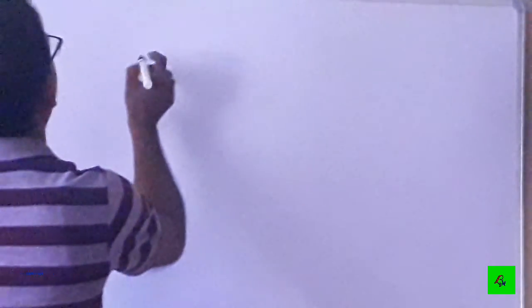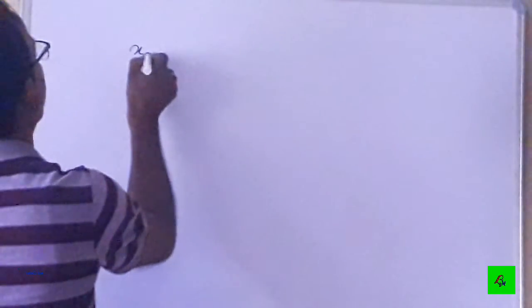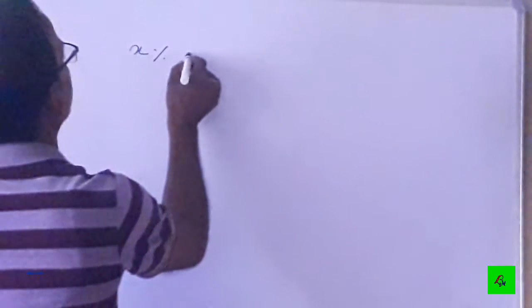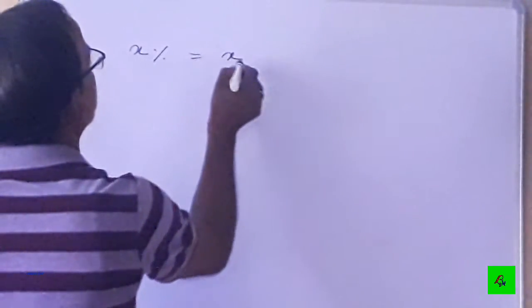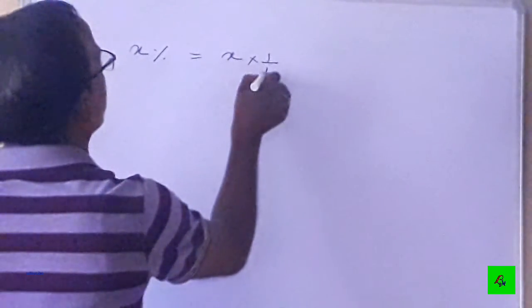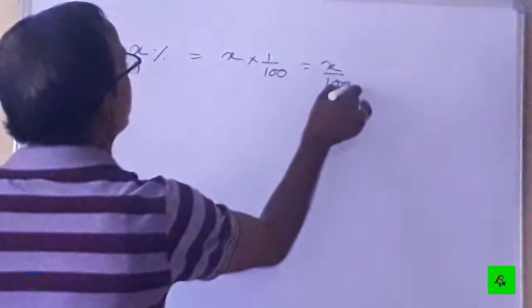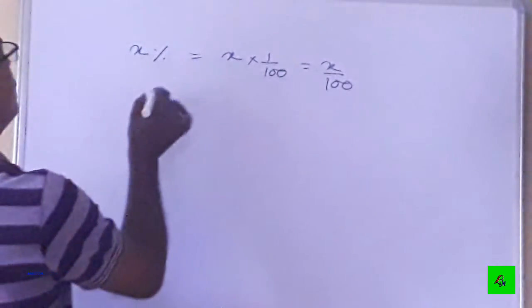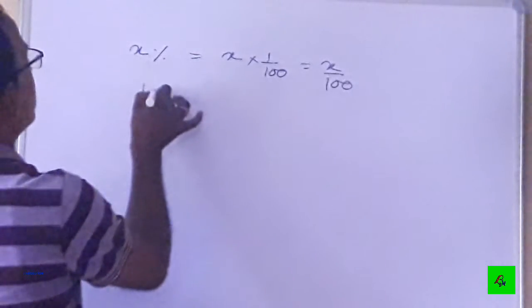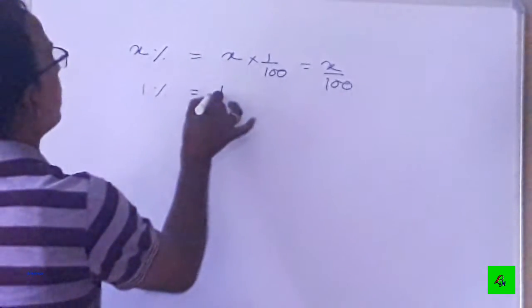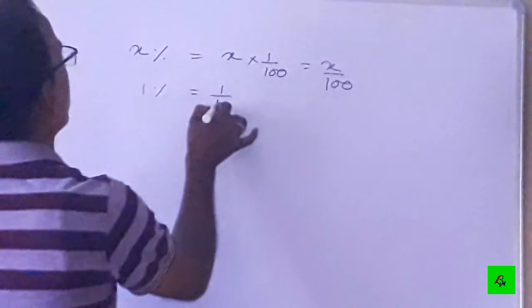So that means if we take, suppose, X percentage, it is equal to X into 1 by 100, that's equal to X by 100. Similarly, if we take one example, 1% means 1 by 100.